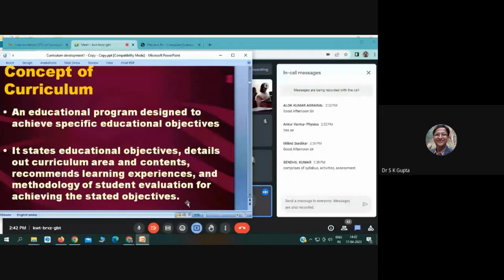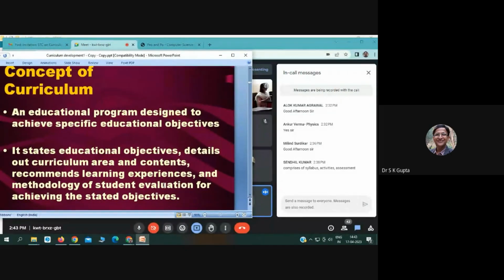Again and again, we are talking about our educational objectives. What type of methodology should be used for student evaluation so that we achieve the stated, specified educational objectives. So our ultimate aim is that through this curriculum, we should be able to achieve our specified educational objectives.